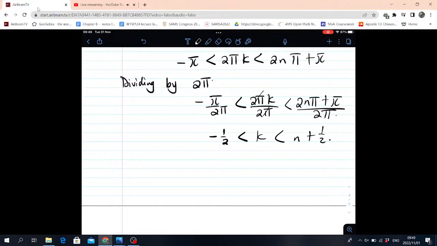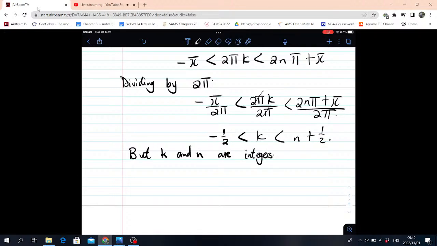Remember that k is an integer, and also that n is a positive integer. So k and n are integers.